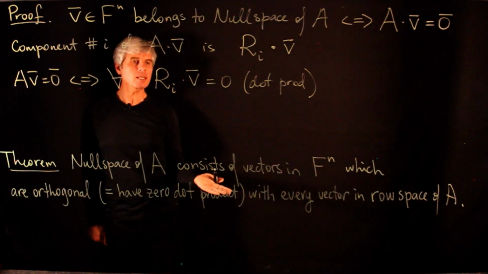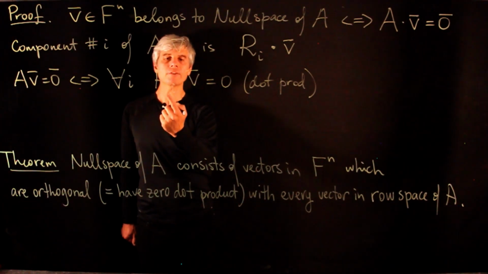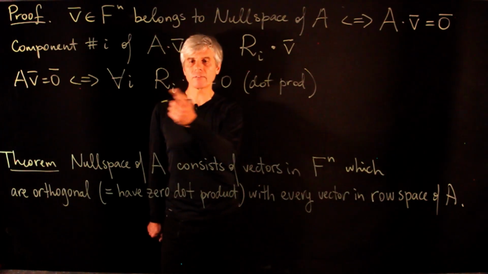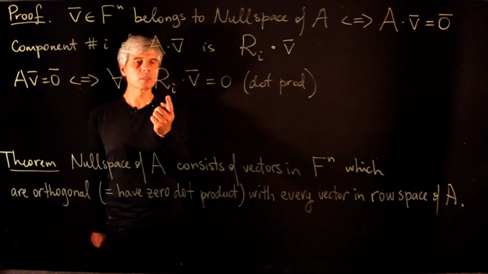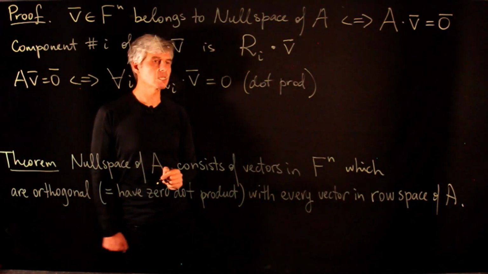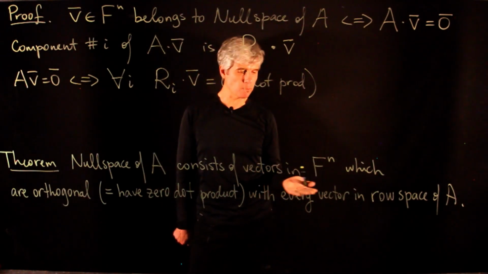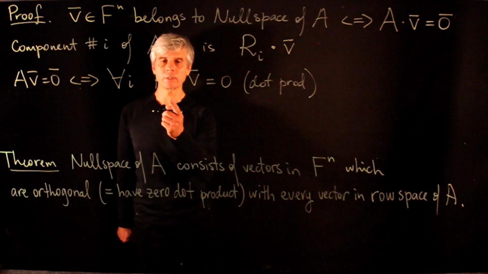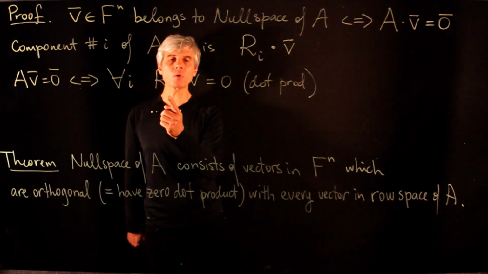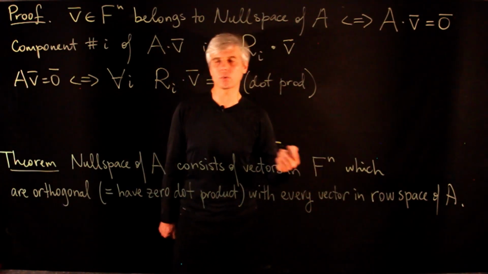And what we see is that this tells us that the vector v is orthogonal to every row of the matrix, and vice versa. So if v is orthogonal, or has zero dot product, with every row of the matrix, then it belongs to the null space. And now what we need to see is something stronger, that if v has zero dot product with every row, then it has a zero dot product with any linear combination of the rows.